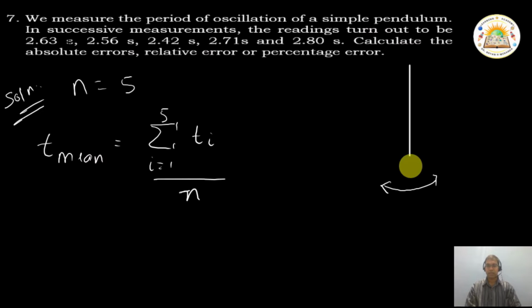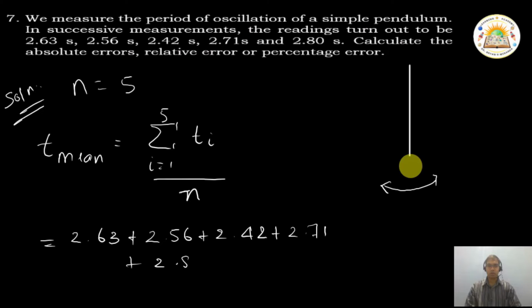That means I'm just going to add all the times and divide it by the number that is there. So that is going to be 2.63 plus 2.56 plus 2.42 plus 2.71 plus 2.80, the whole divided by 5.